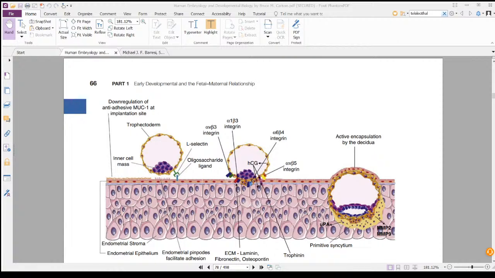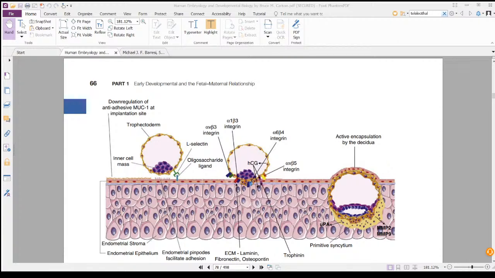One adhesion molecule being expressed by the trophoblast is L-selectin, and then you have another molecule known as troponin. These are all secreted on the surface of both the trophoblast and the endometrial cells, which facilitates the adhesion and also triggers the activation of the trophoblast, which will give it the invasive power.